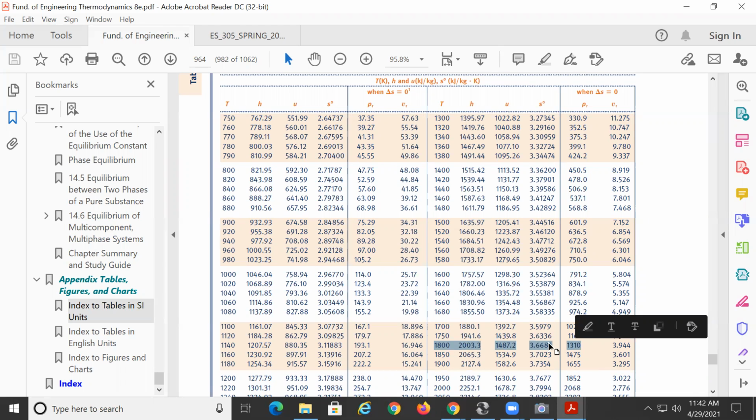I'm going to write here, interpolating from table 822 between 1,750 and 1,800.